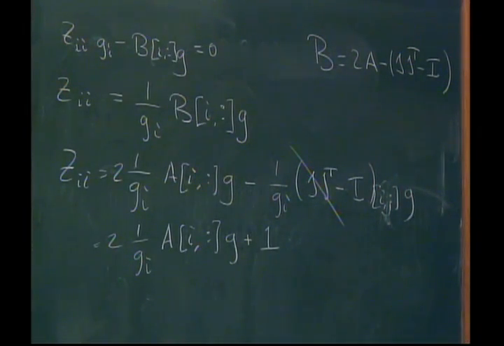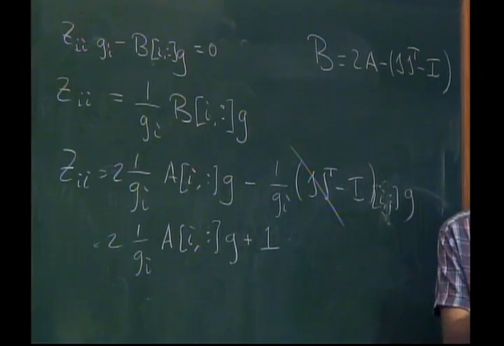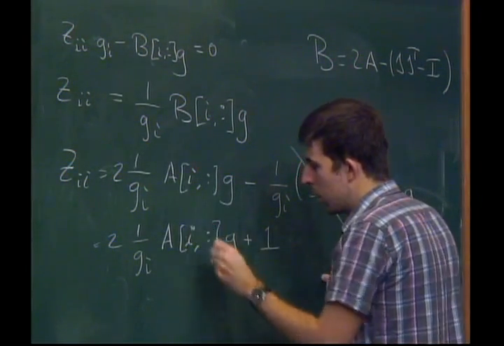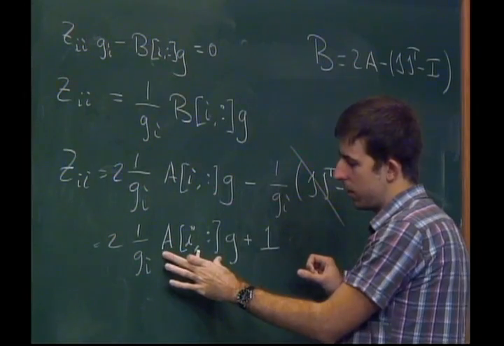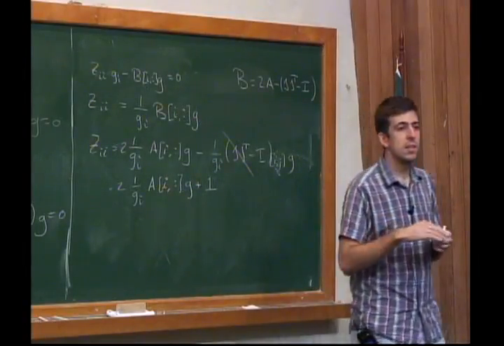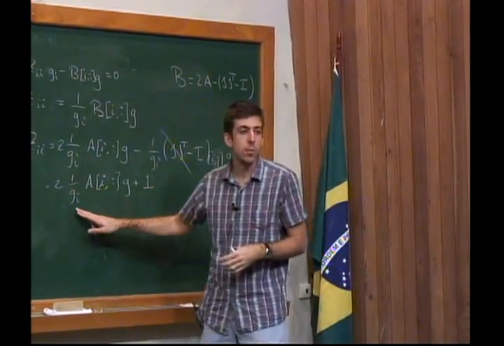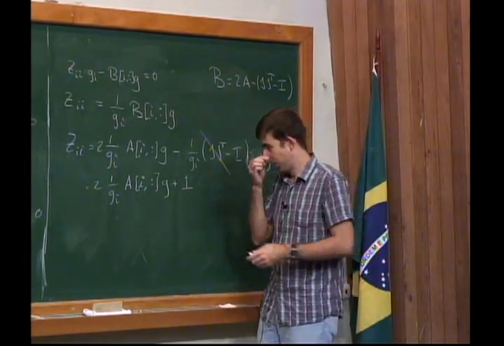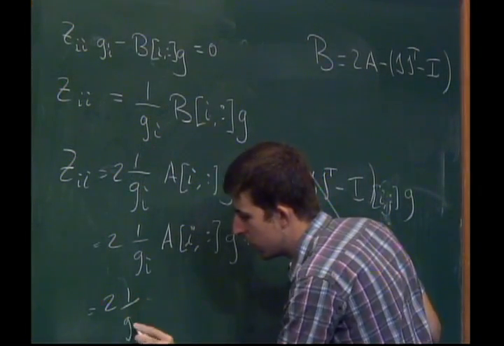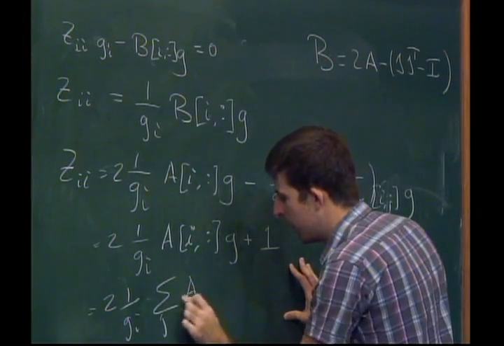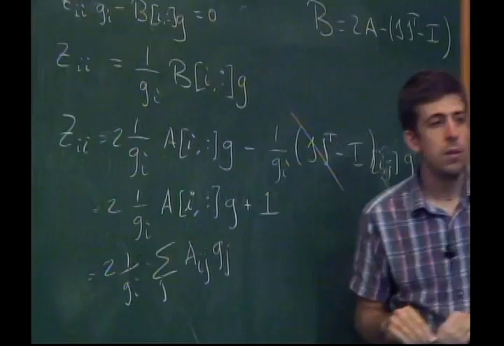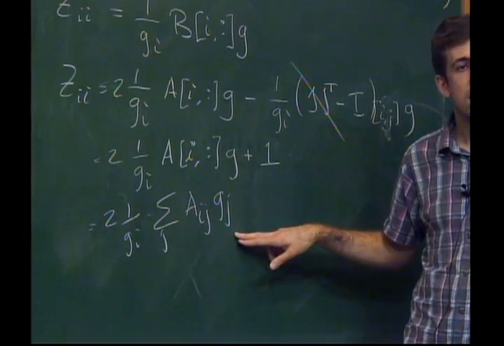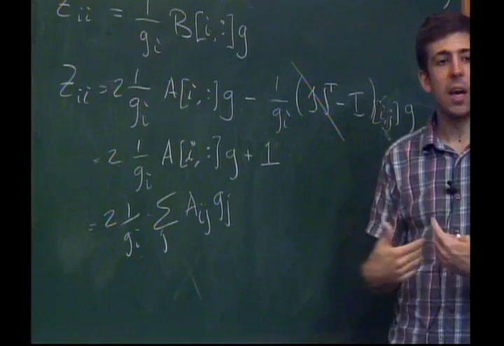Okay. Now what is this? Given i, this vector is a row vector, and it is putting a 1 for every edge that's connected to i, and a 0 everywhere else. We can rewrite this as 1 over g_i, sum over j of a_ij g_j. Okay? If j is in the same cluster as i, then the g_j and the g_i will cancel.